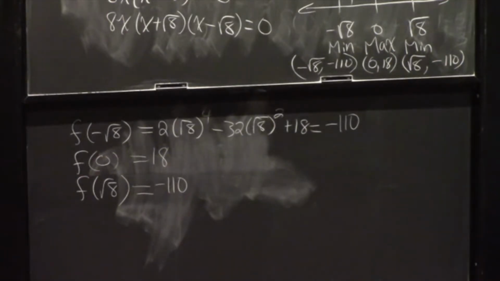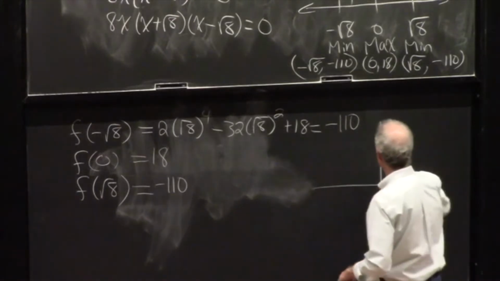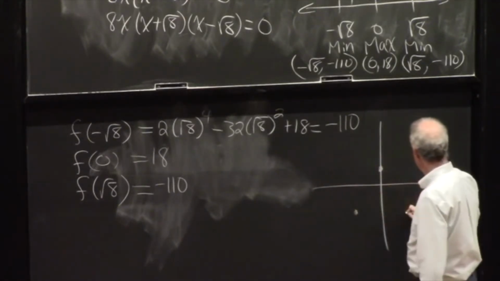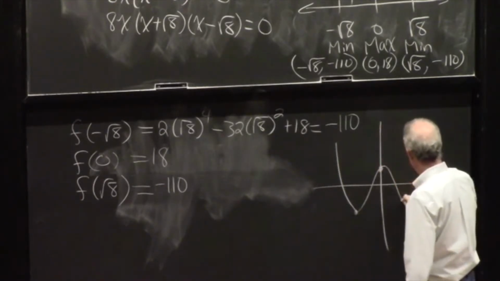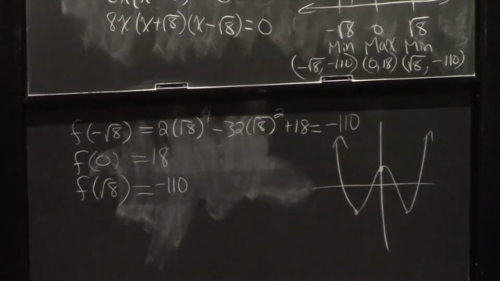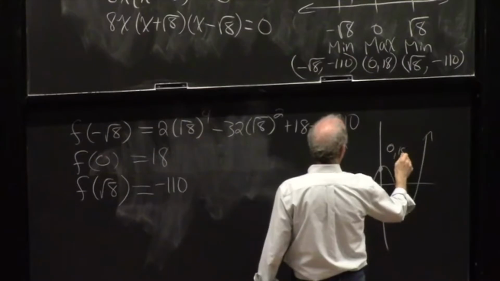Remember what I told you? The maximum, it's a relative maximum. So 0, 18, maybe down there, and down there. If you're graphing, it doesn't have to be to scale. Just label your points. So label them 0, 18.